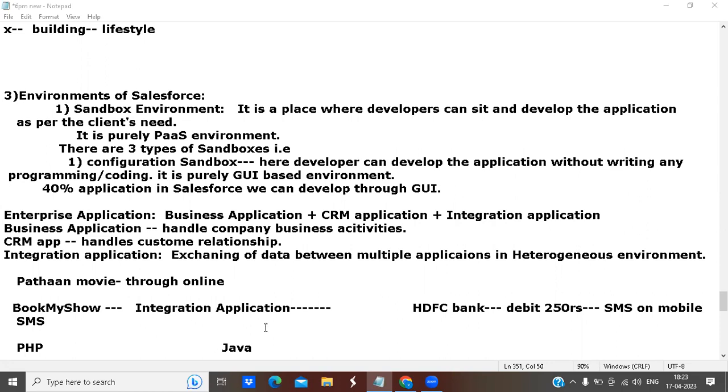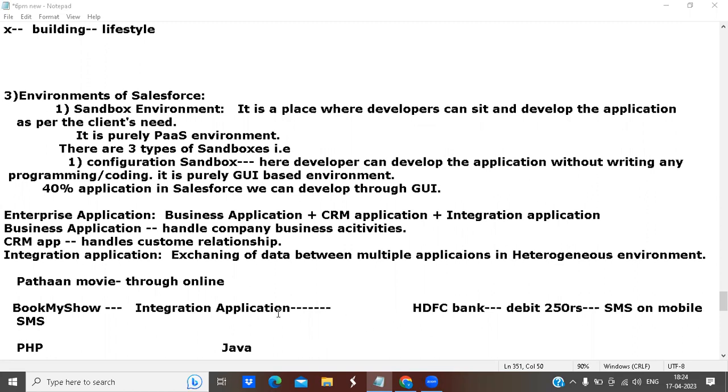Book My Show and HDFC Bank are completely and entirely different technologies. Book My Show was developed on PHP, and the HDFC Bank application was developed on Java. Though both are completely different, they can communicate with each other.